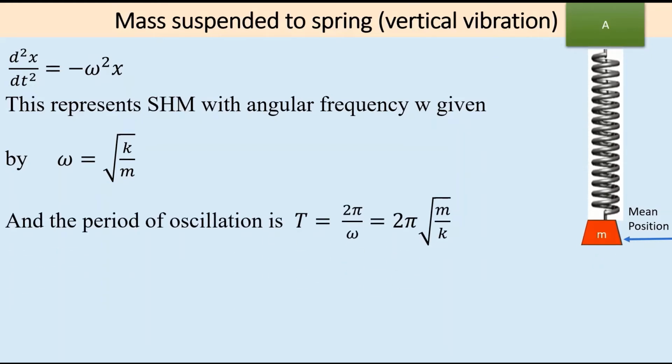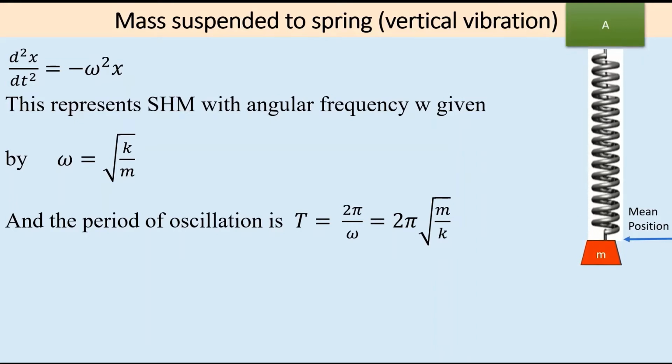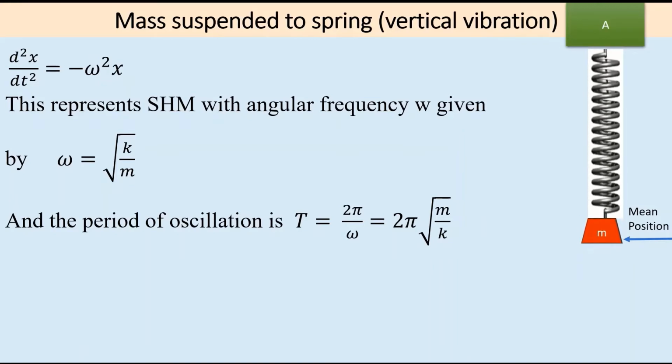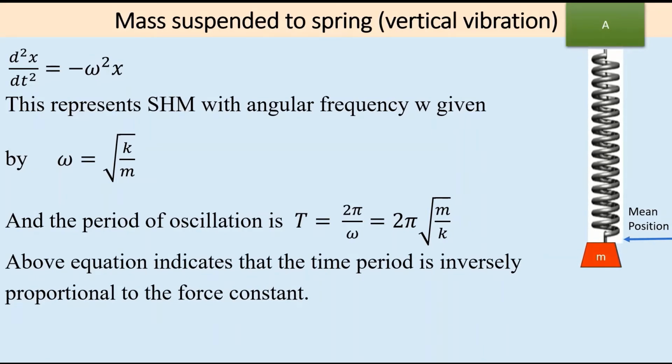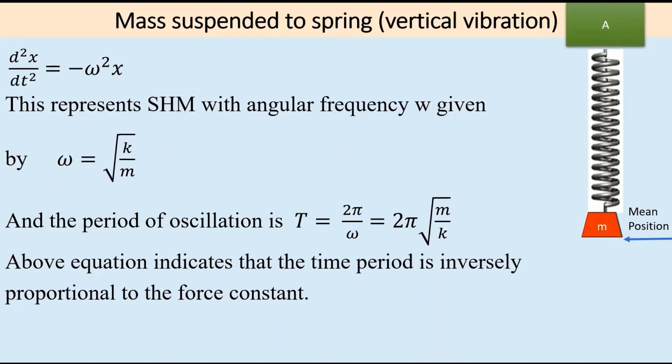The period of vertical oscillation of the spring, T, is equal to 2 pi by omega, that is equal to 2 pi into square root of m by k, because omega is equal to square root of k by m. This is the expression for the period of oscillation. The above equation indicates that the time period is inversely proportional to the force constant, that is, T is inversely proportional to square root of k.